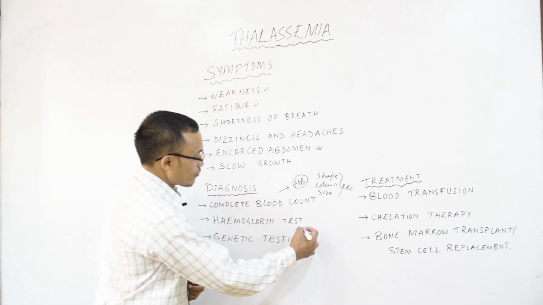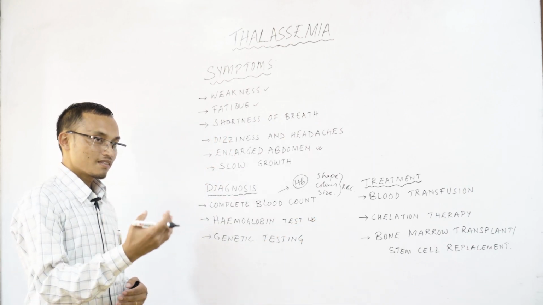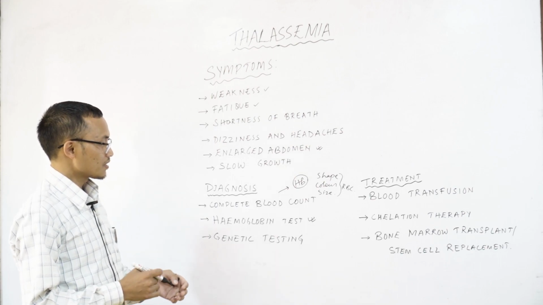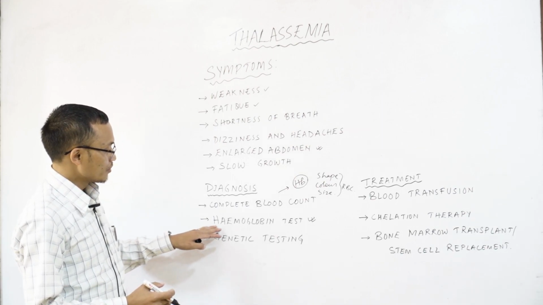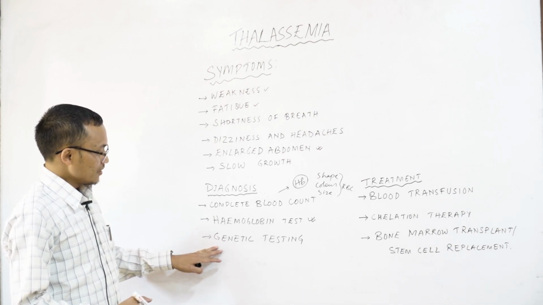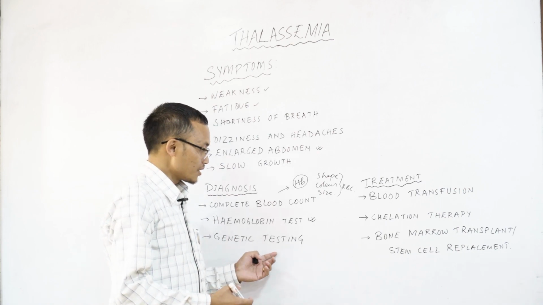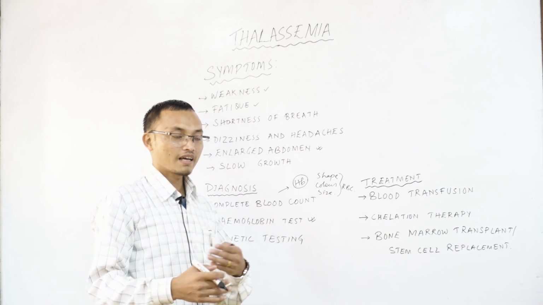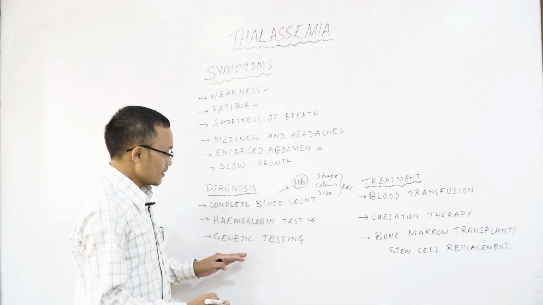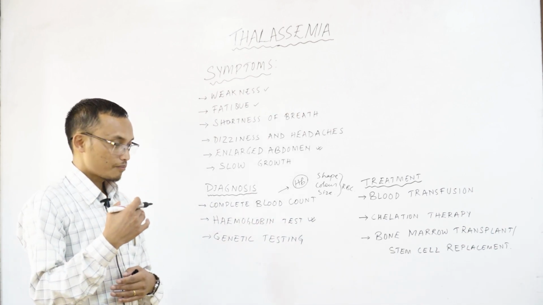We can also go for hemoglobin testing. This will give us the exact type of hemoglobin that is present in the blood, because there are different types of hemoglobin present in the blood. And finally, if a child is more prone to thalassemia, because the parents are carriers of thalassemia, then we can go for genetic testing even during pregnancy.